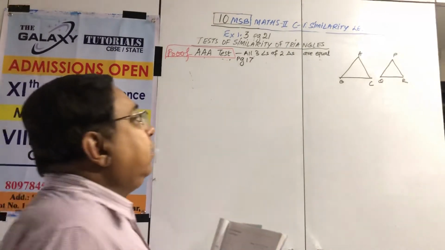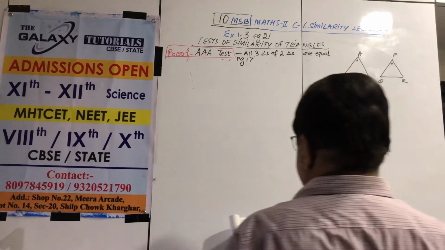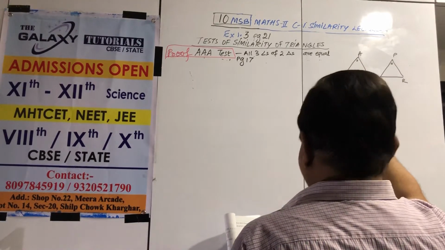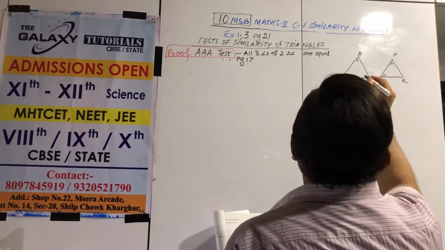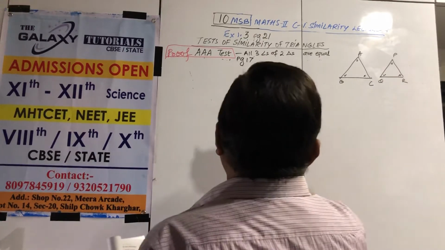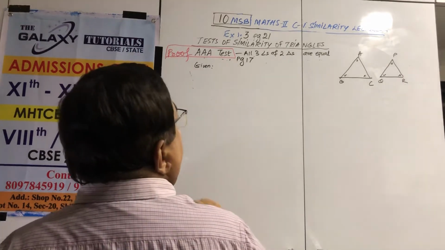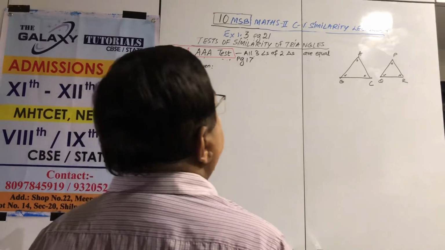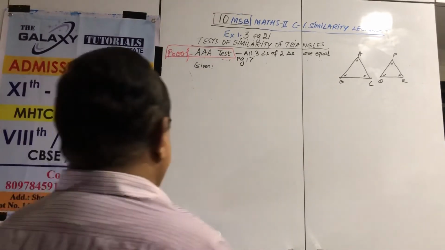Angle A is congruent to angle P. Angle B is congruent to angle Q. And angle C is congruent to angle R. Okay, so we'll put this here. Given. Okay. How to prove that if three angles are same or congruent, the triangles are similar.